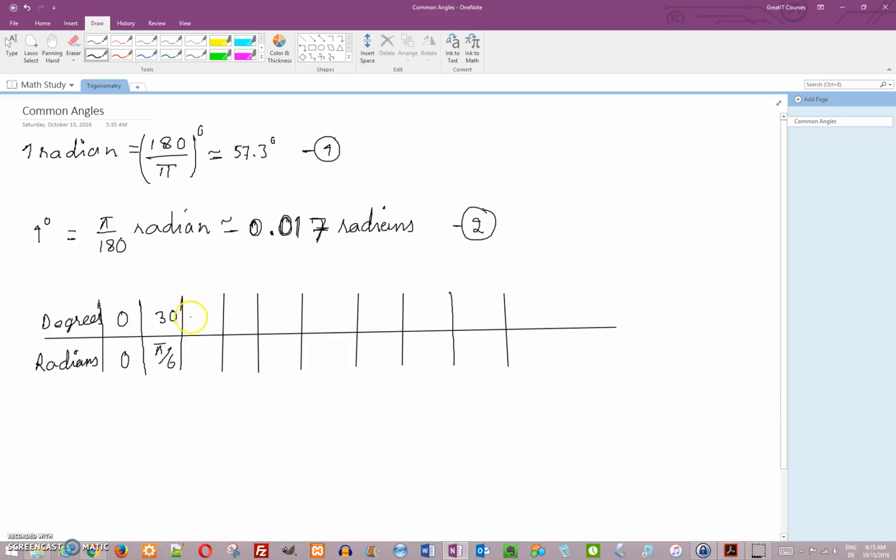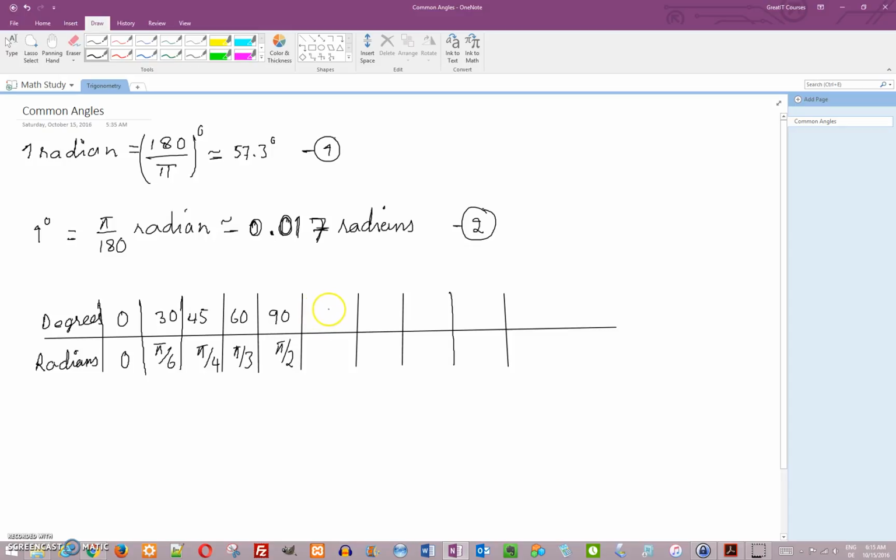Next, we have 45 degrees, which is pi by 4 radians. Next, we have 60 degrees, which would be pi by 3 radians. Then we have 90 degrees, which is pi by 2 radians.